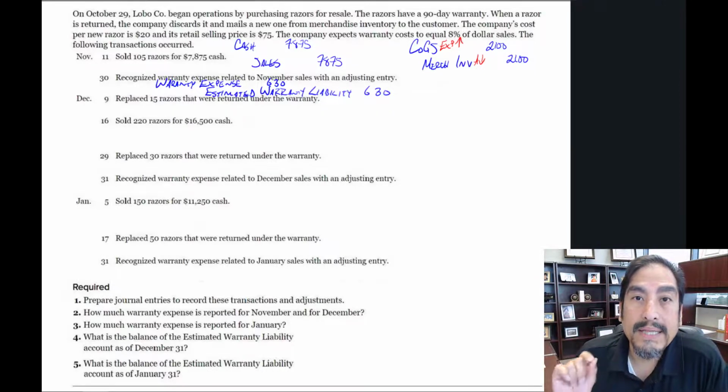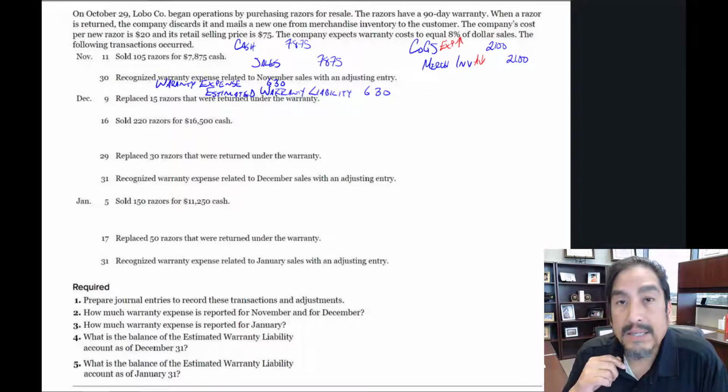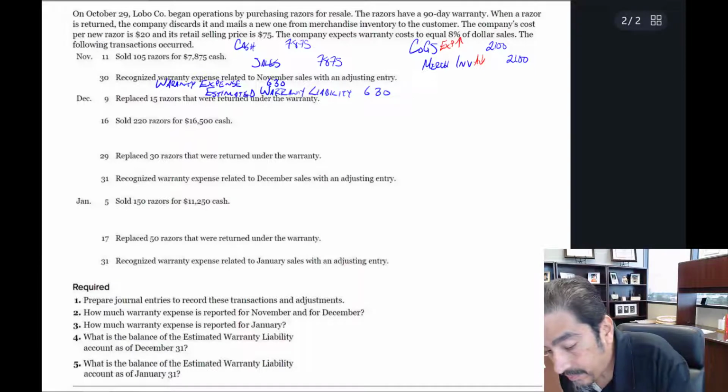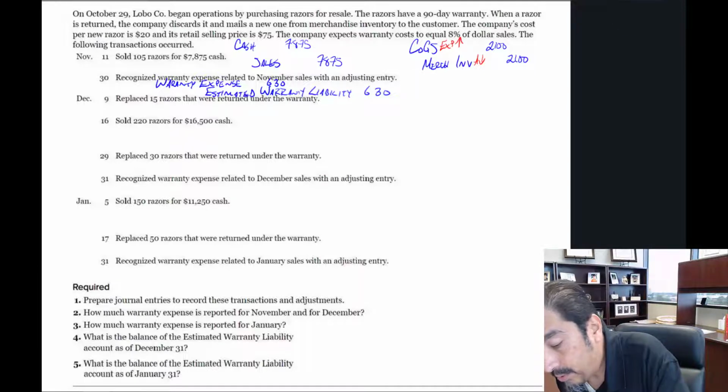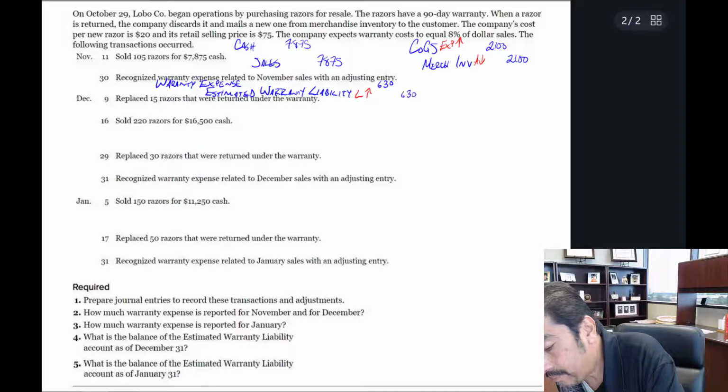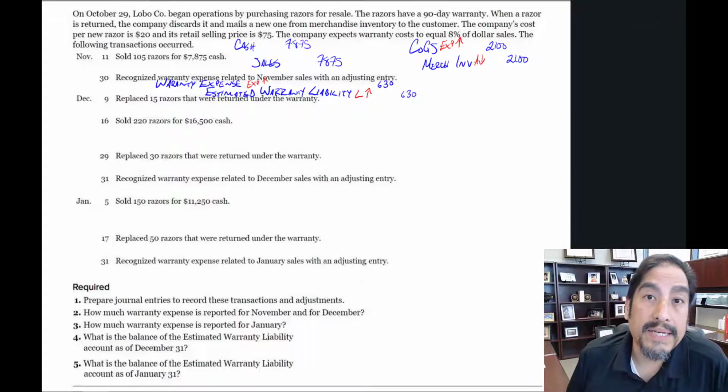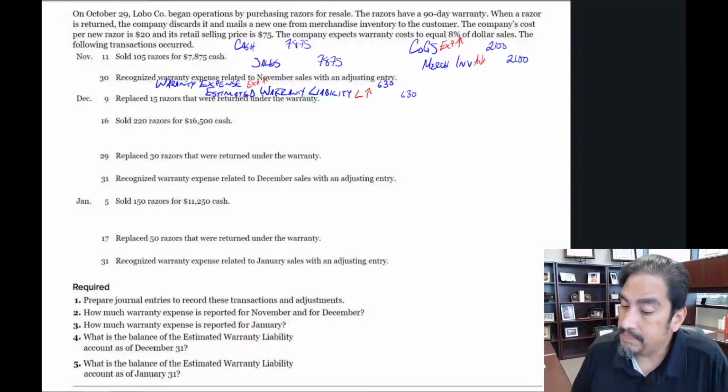Estimated warranty liability. It's a liability account. I'm going to make a little bit more room here. It's a liability account that we're increasing with a credit. So our debit is to the expense account, and our credit is to this liability account that we're starting up right now called estimated warranty liability.